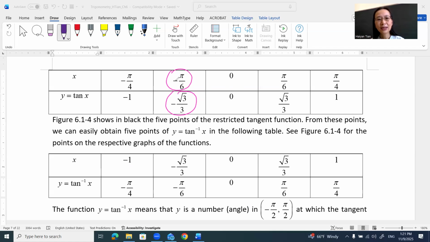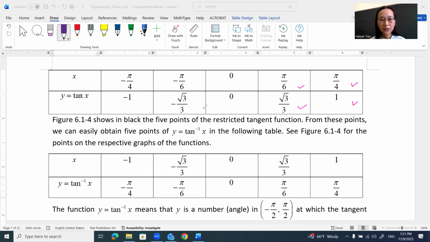So tangent at negative pi over 6 is negative square root 3 over 3. Tangent 0 is 0. Tangent at pi over 6 is square root 3 over 3. At pi over 4, tangent pi over 4 is 1.